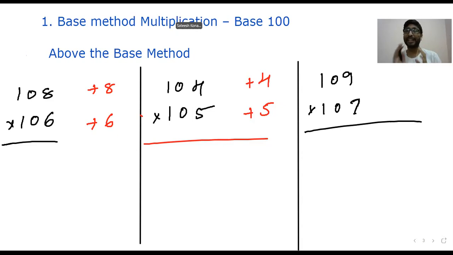I hope you got a little clarity right now. So 100 plus 9, 100 plus 7. As I told you, the methods are similar but not the same.